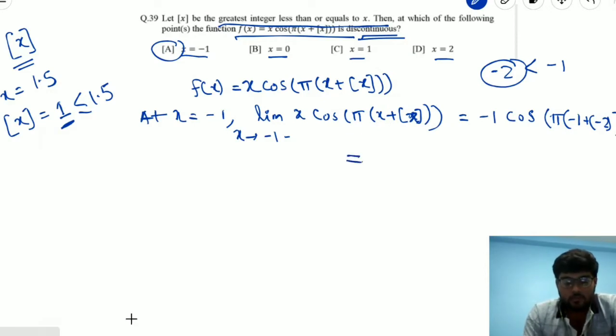So the value ultimately gives us -1 cos(-3 pi).